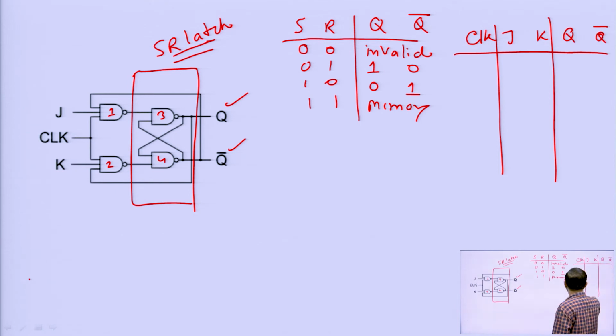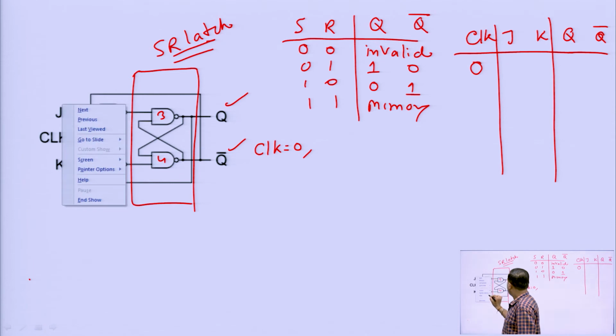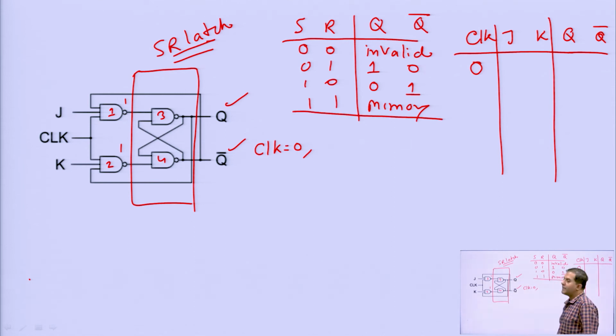Okay. So, first condition is when clock is 0. We know that in a NAND gate if any of the inputs is 0, the output will be 1, right. So, if clock is 0, then the output of NAND gate 1 and 2 both will be 1, and if 1 and 1 is input to the SR latch, then the output would be memory, clear.